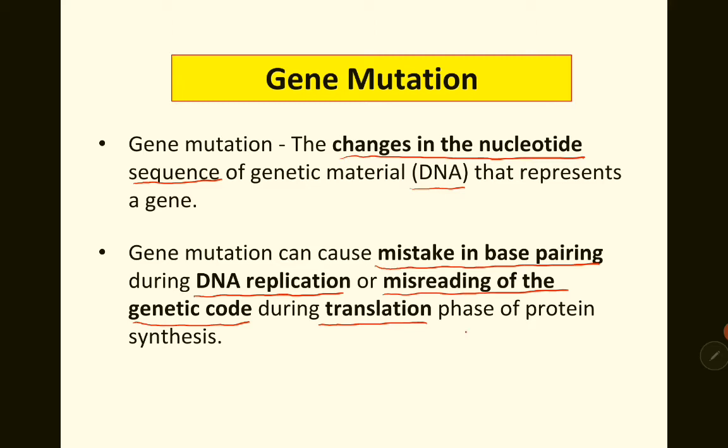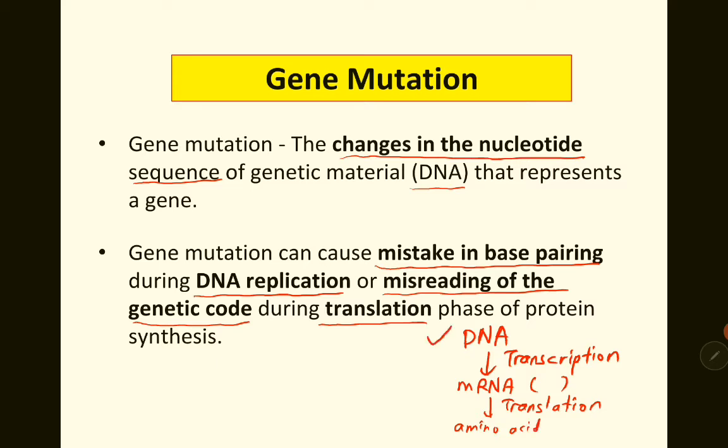So when gene mutation occurs in the DNA, during the transcription process it will be transcribed into mRNA. When the base sequence in the DNA is wrong, the mRNA also will be transcribed wrongly, and the mRNA will be translated into amino acid.